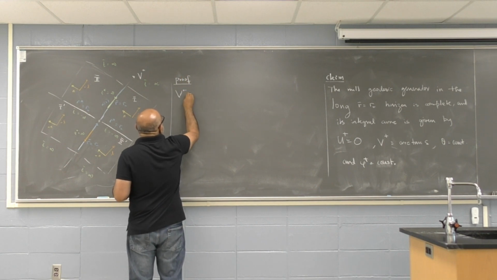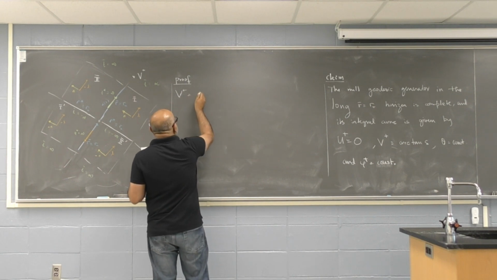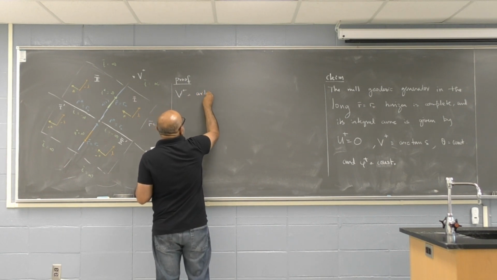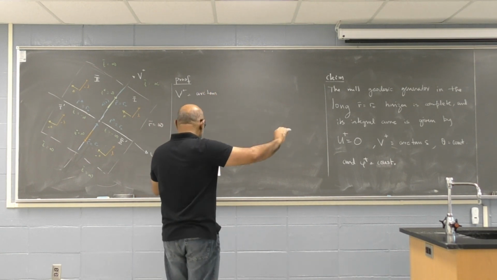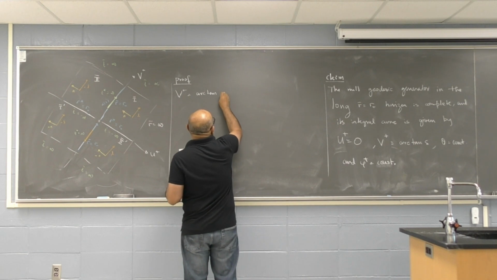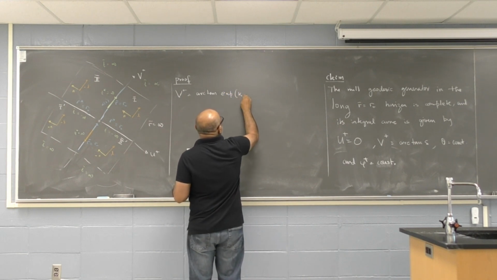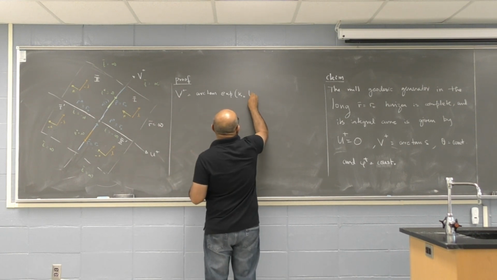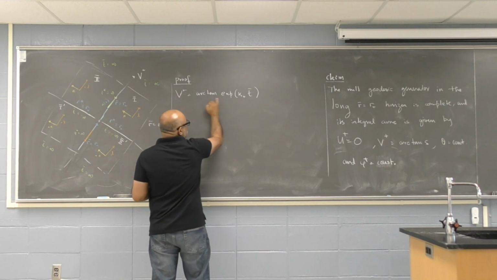The tangent of v plus is this guy, so v plus is arc tan of that.